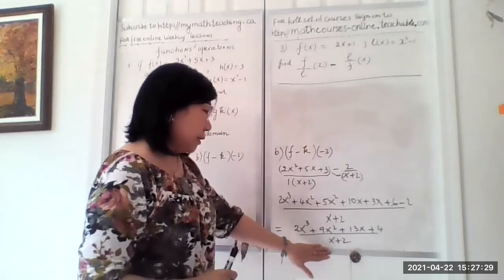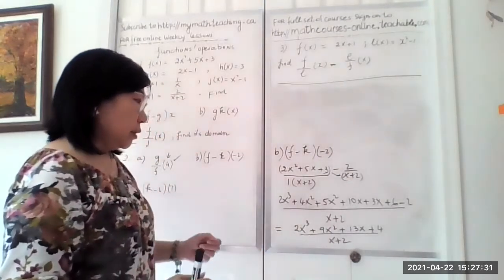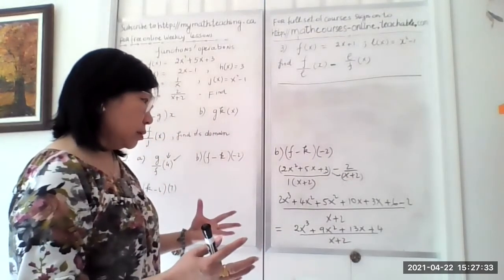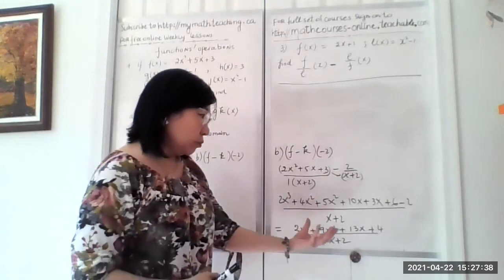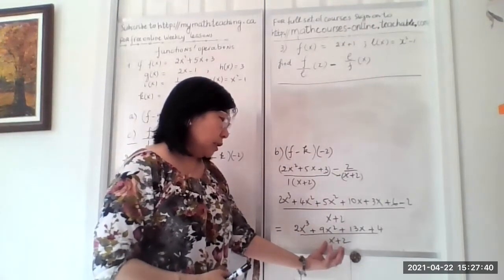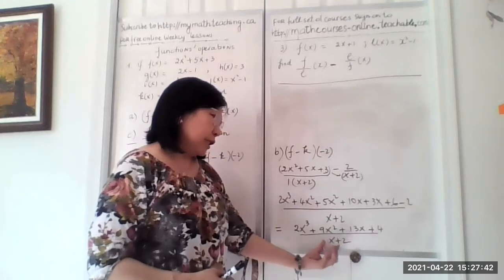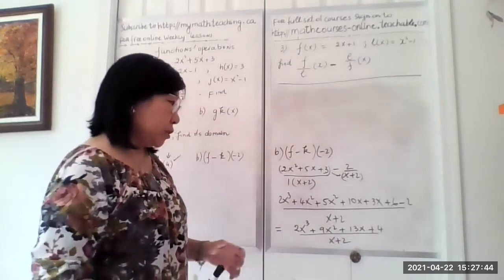Now, if we divide that, we get a remainder. If we still have a remainder, it means we still have to divide the remainder by x plus 2, and the problem will not be solved.